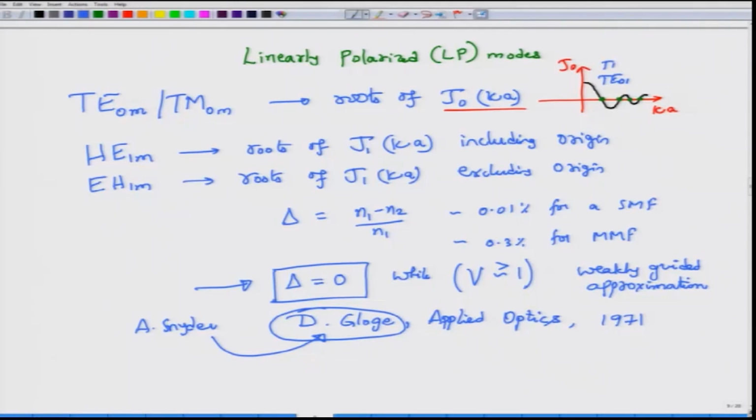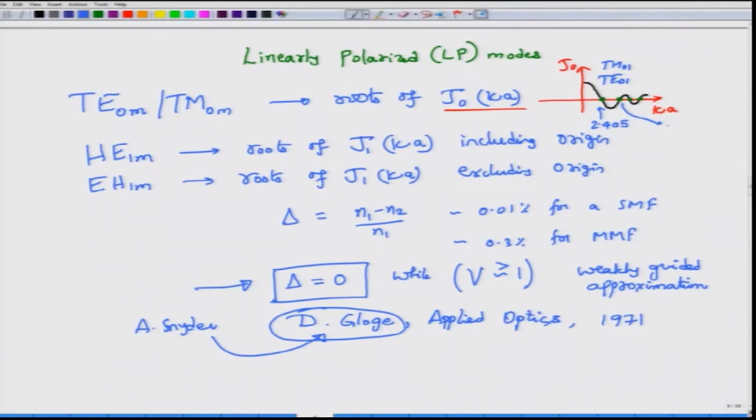You will actually see TE01 and of course TM01, both modes occur at the first root of the Bessel function J0, which occurs around 2.405, okay, or maybe 2.408, does not matter. So, it basically occurs just after 2, and then the next time the J0 function goes to 0 is very close to 6.